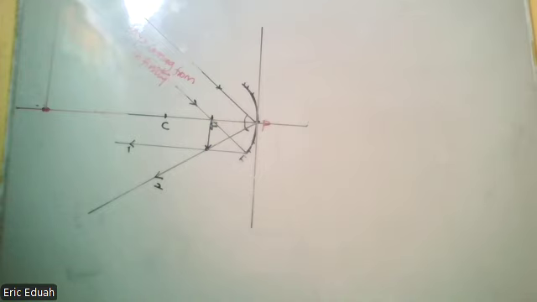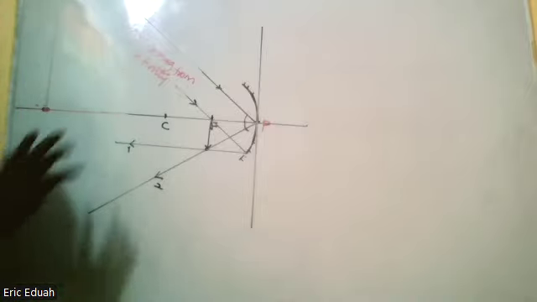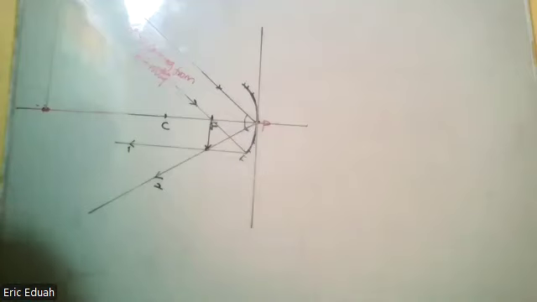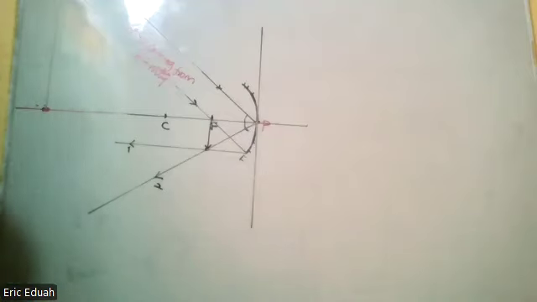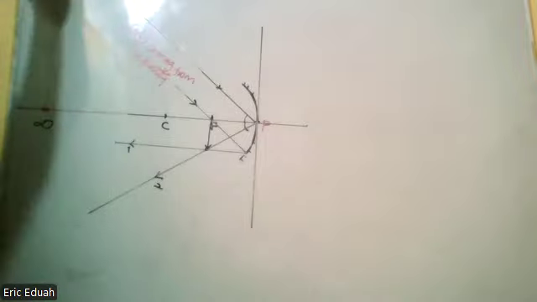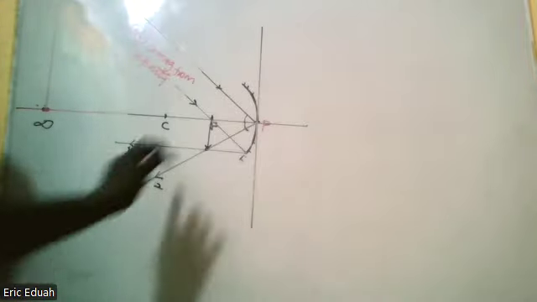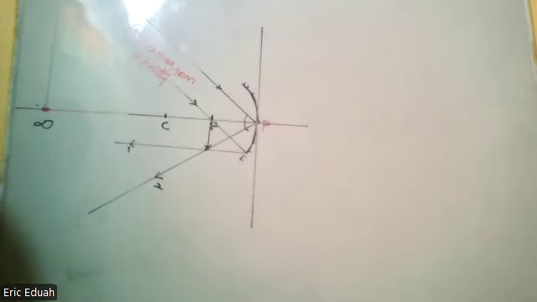Now, look at the size of the object per my assumption, and then look at the size of the image. If I'm assuming this is the point I'm referring to as infinity, you realize that the object at that end is very, very large. Meanwhile, the image point at F is smaller, isn't it?